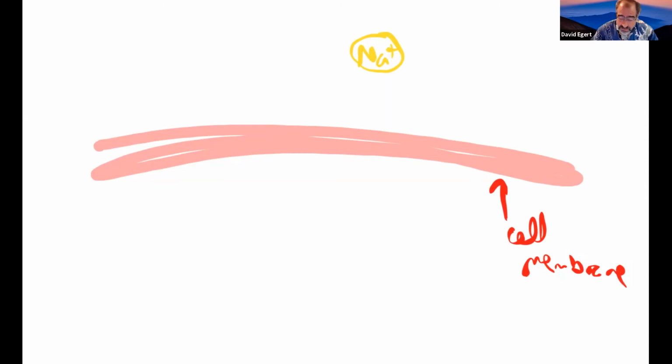It's because it's so highly charged that it anchors all these water molecules around it. So you start getting what they call a sphere of hydration.